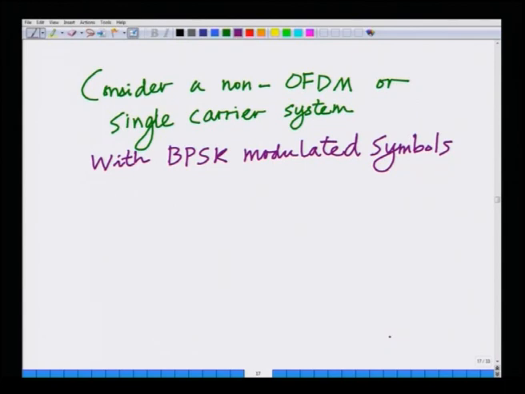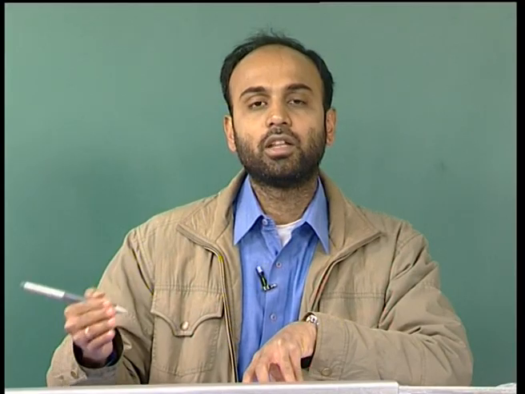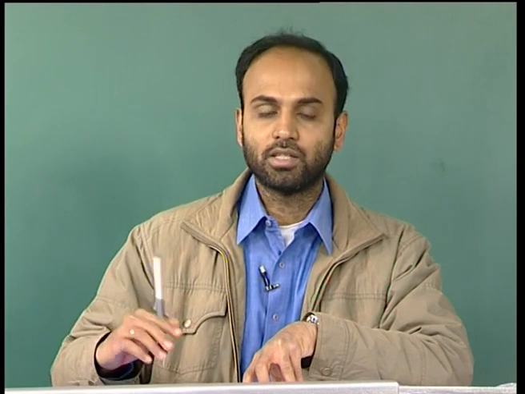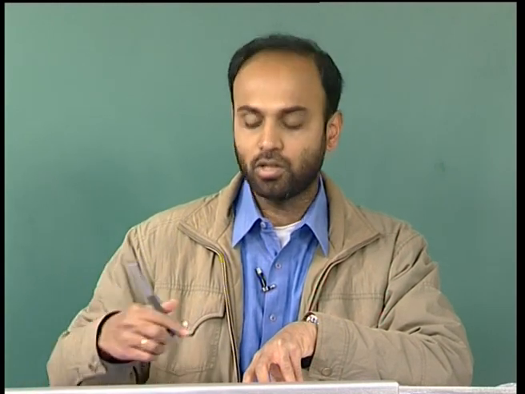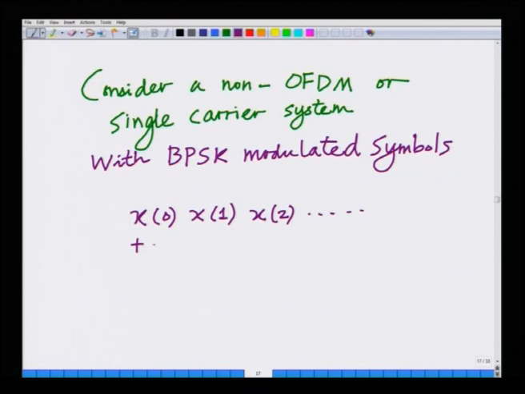Let us consider its transmitted symbol sequence x0, x1, x2. Now, each of these is plus or minus A. Let us say the amplitude level is A, and the information depending on the phase is plus A or minus A. That is, for a plus 1 you transmit plus A, for minus 1 you transmit minus A. So, we have plus A, let us say the next symbol is minus A, plus A, and so on.